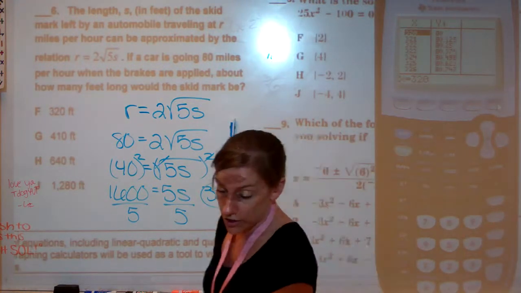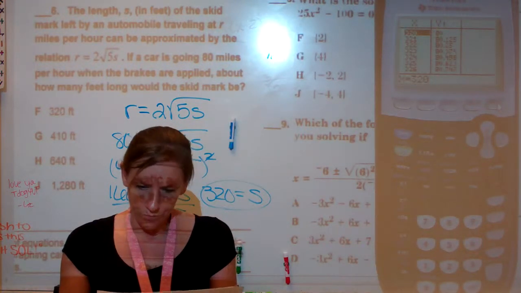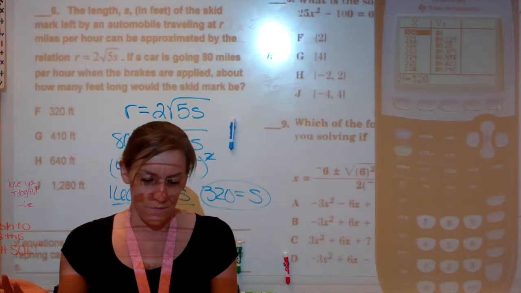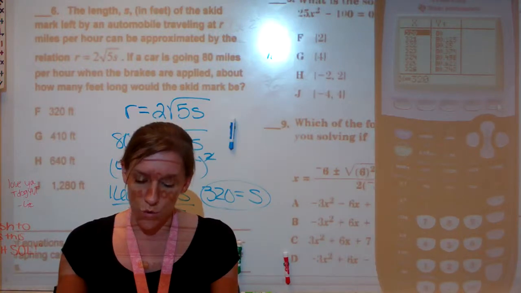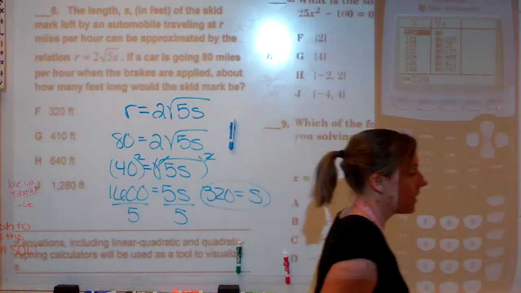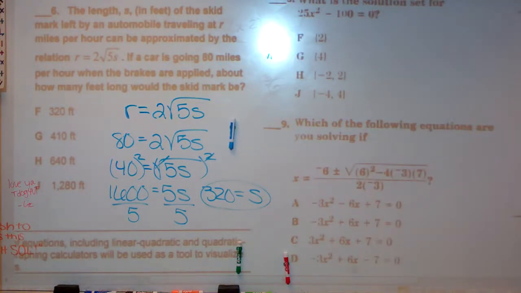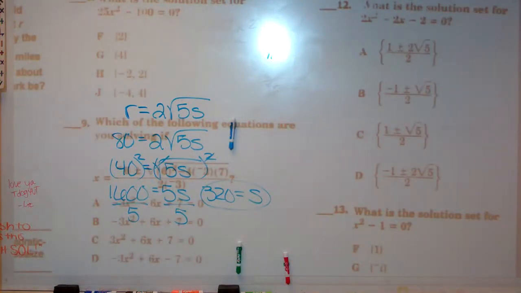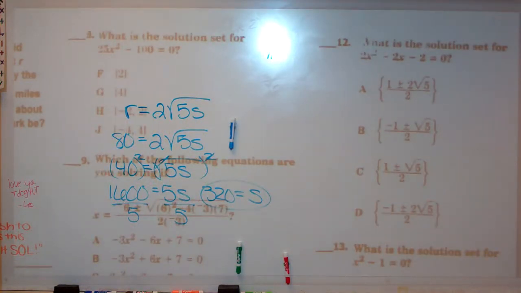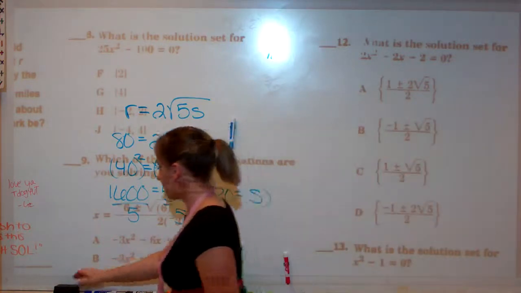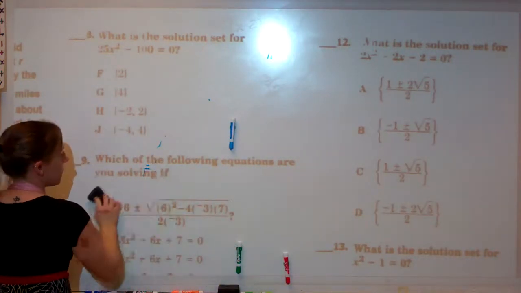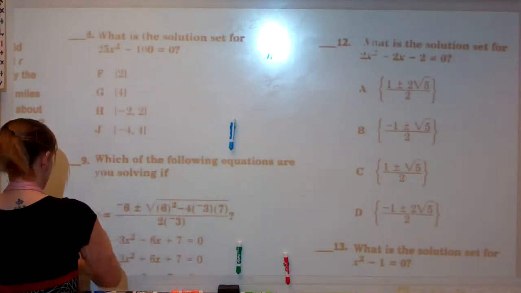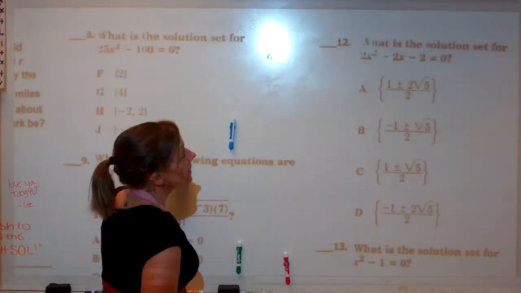The last question I remember people having isn't the systems, it isn't the absolute value or anything like that. It was number 12 on this last page. So moving over here, it is this one, number 12. Number 12 says, what is the solution?